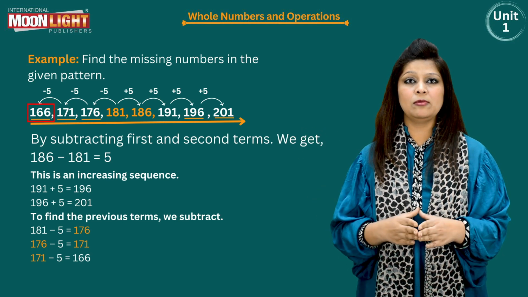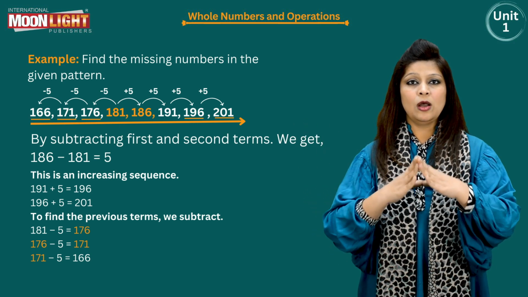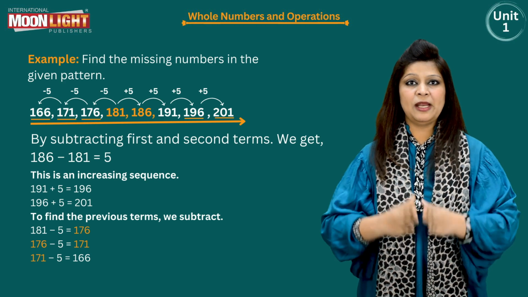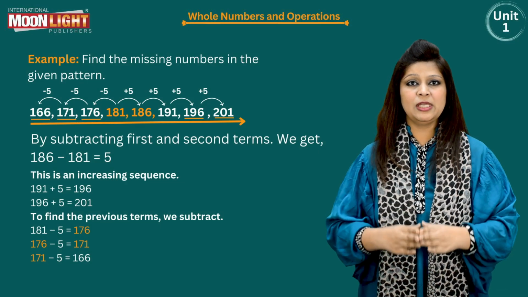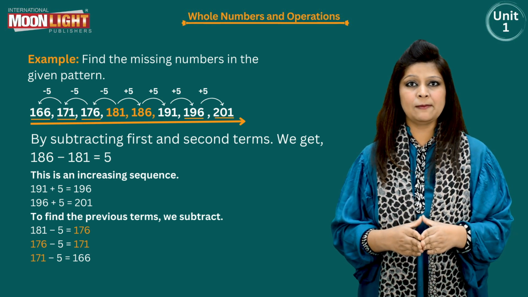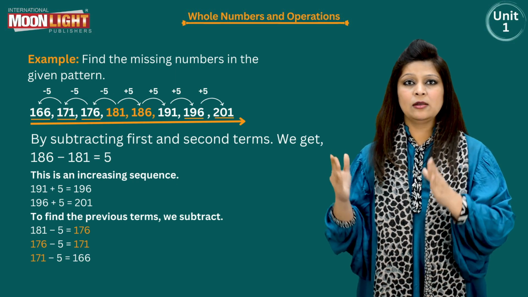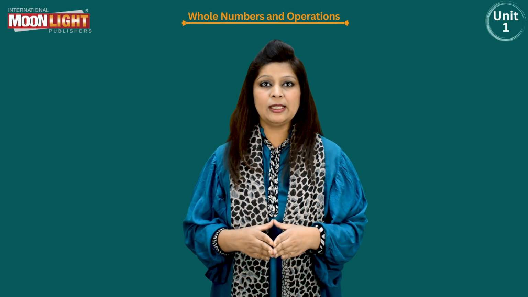So I will write down this answer right over here. Now this pattern is increasing by a specific number which is 5. So you can say the rule of this pattern is adding 5.